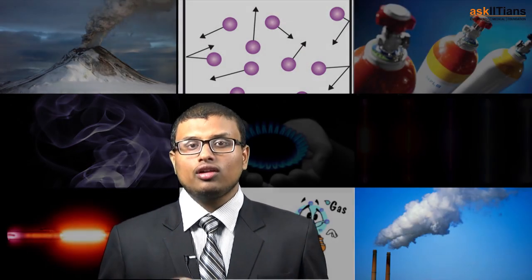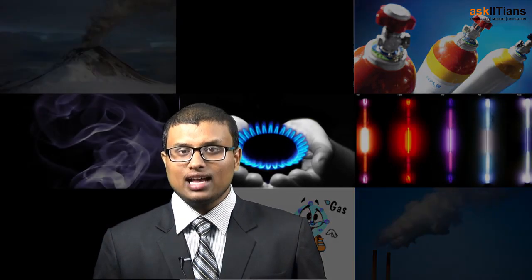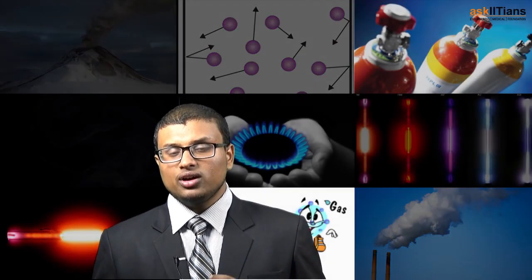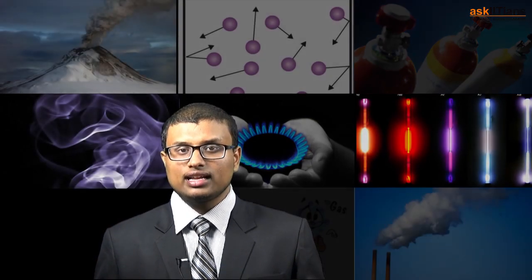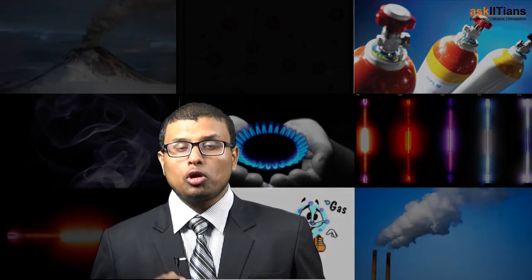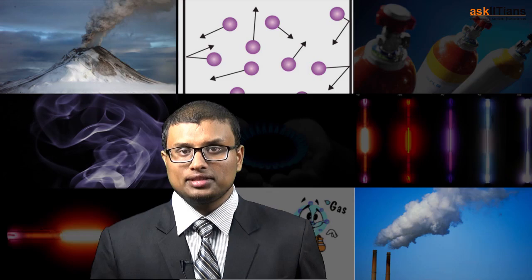And later on, we have discussed the kinetic molecular theory of gases. And afterwards, we have discussed how a real gas differentiates itself from an ideal gas. And later, we have discussed the corrections to be made in the ideal gas, which lead to the van der Waals equation.